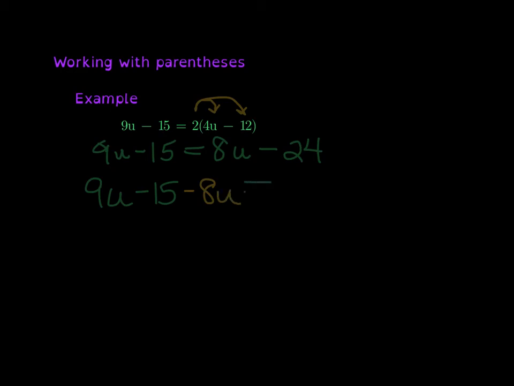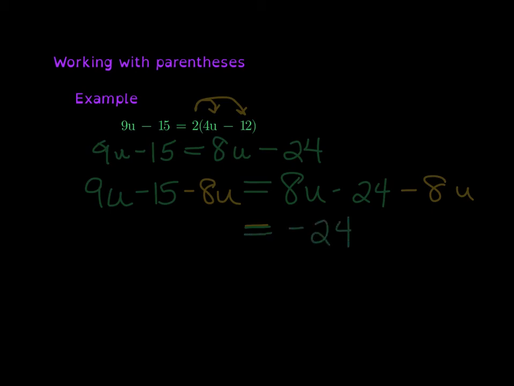We're going to do an equals and then 8u subtract 24 and then subtract 8u. These guys here on the right cancel out. 8u minus 8u leaves us just with a negative 24 on the right-hand side.